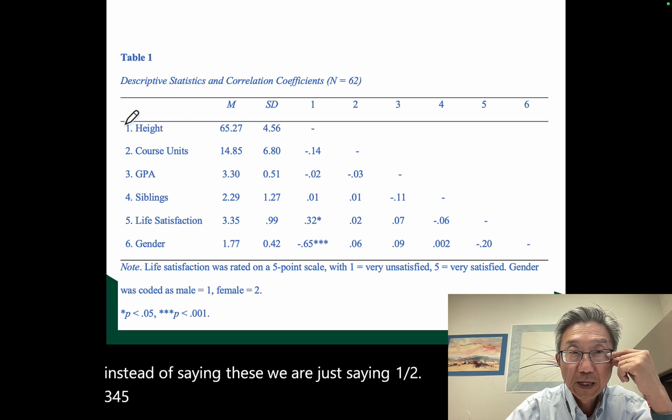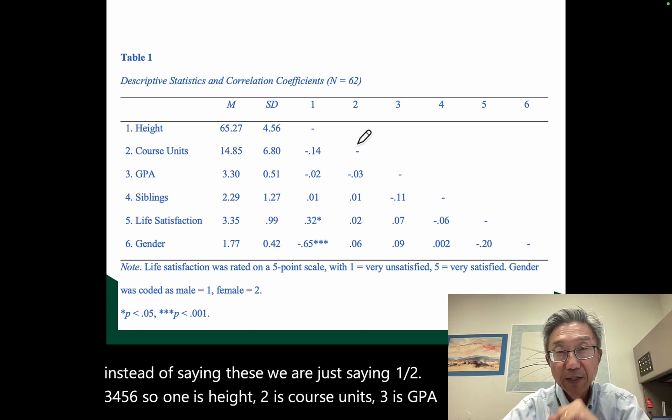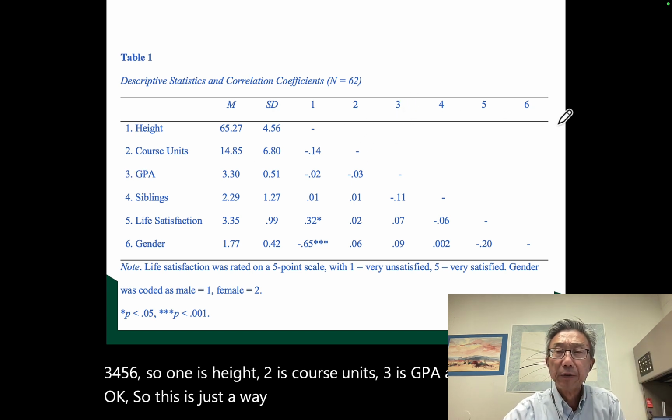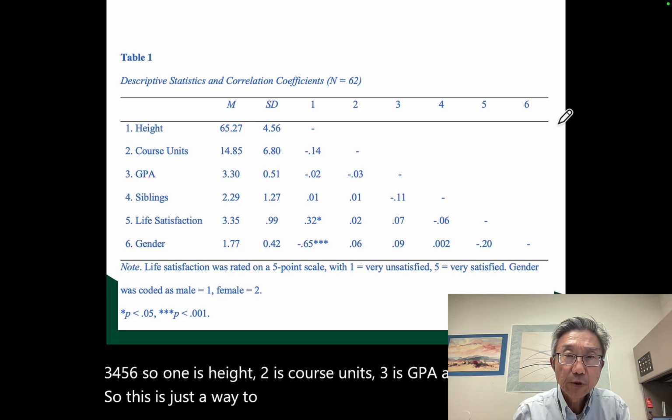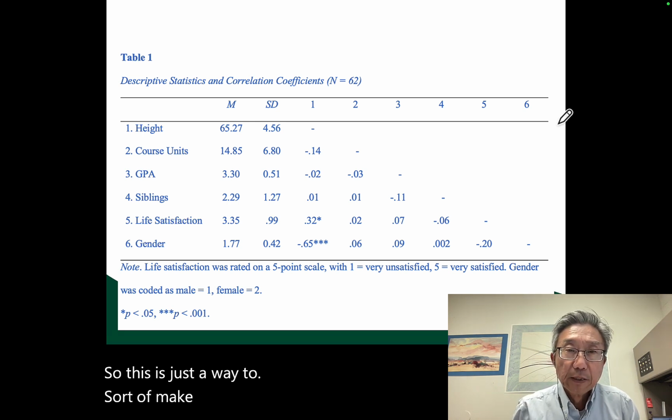So 1 is height, 2 is course units, 3 is GPA, and so on. So this is just a way to save some space and make the table look better.